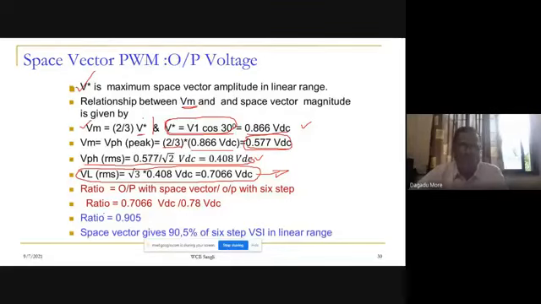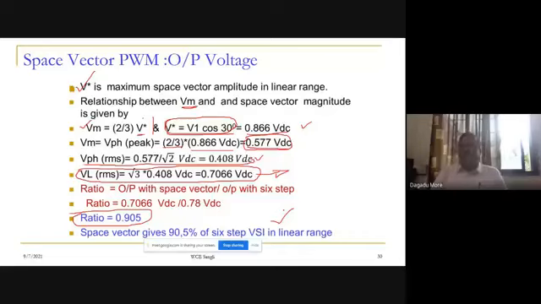And if you take the ratio of output with space vector PWM to output with 6 step, that ratio comes out to be 0.905. So space vector PWM will give an output that is 0.905 times that of a square wave. So space vector gives 90.5% of the 6 step VSI in the linear region.